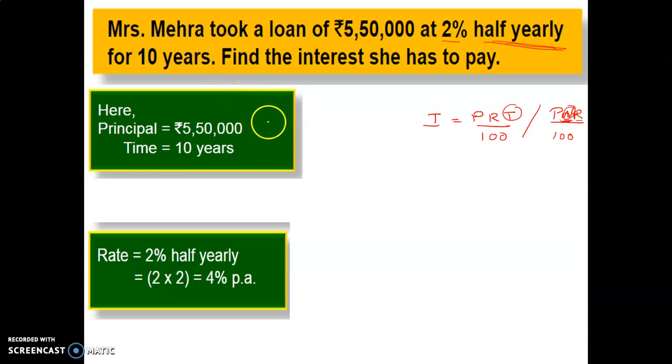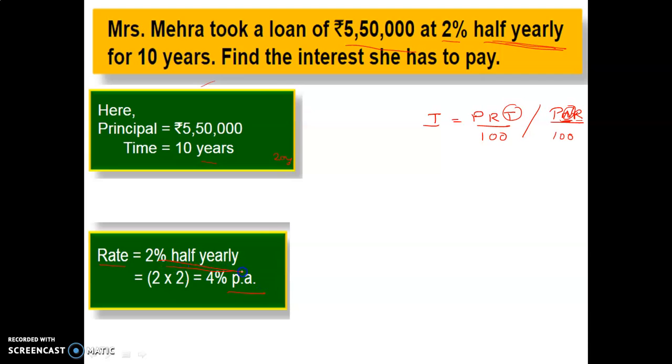As it is given, this is the amount taken as loan, so it is principal. Principal is equal to 5,50,000. Either I have to convert the time, T is equal to 20 half years, or I can change this rate from half yearly to yearly.